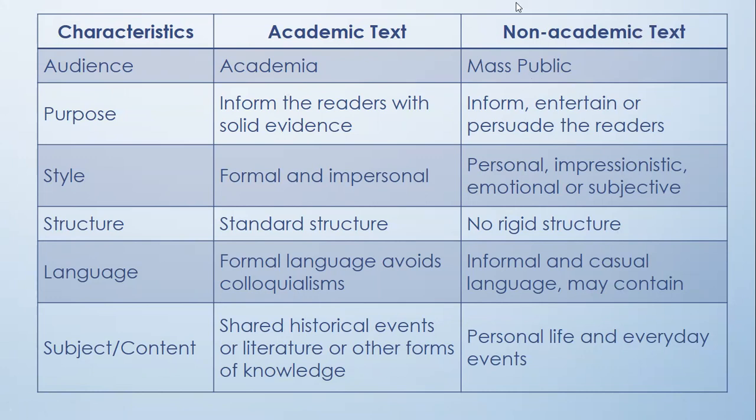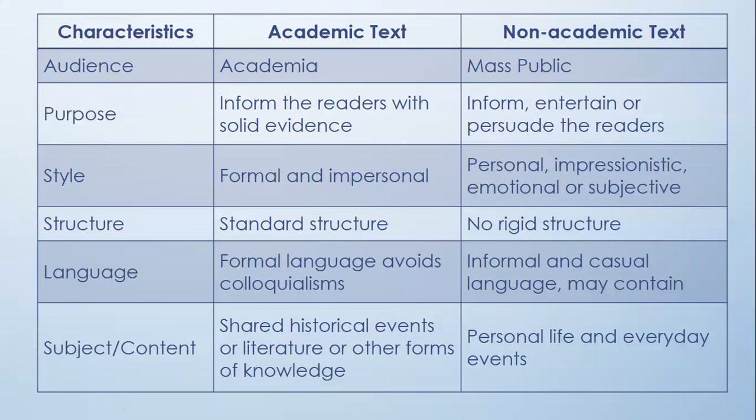So next, another characteristic of an academic text is its purpose. When we say purpose, this is the reason that tells the reader why this particular academic text was created. So what is the purpose of academic text?